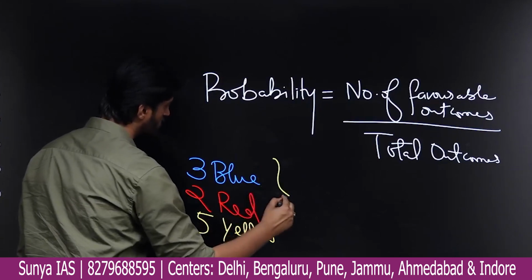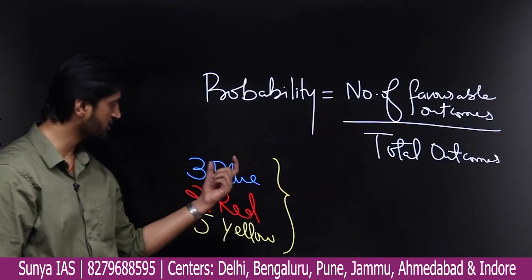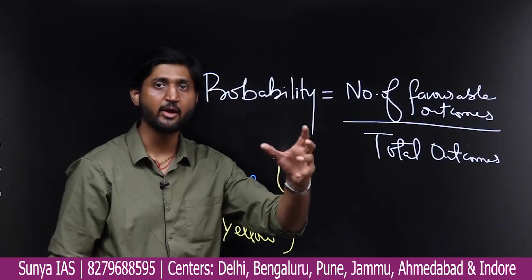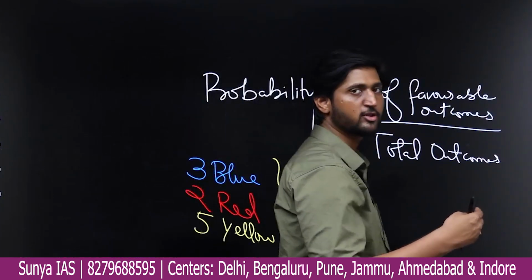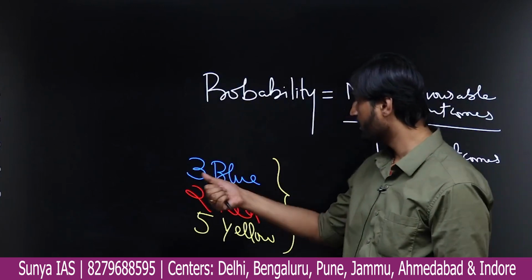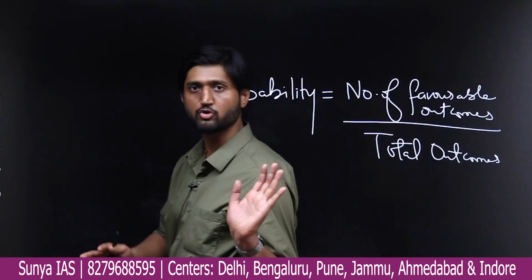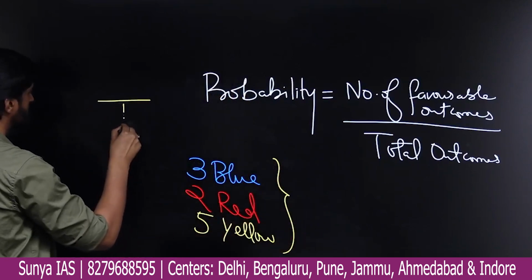Okay, so the question says that out of the total balls that are there, 3 plus 5 plus 2, that is 10 balls, you have to pick only one. So you have total 3 blue balls, 2 red balls and 5 yellow balls. You have total 10 balls to pick from. So what is the total number of outcomes? Total number of outcomes will be simply 10.